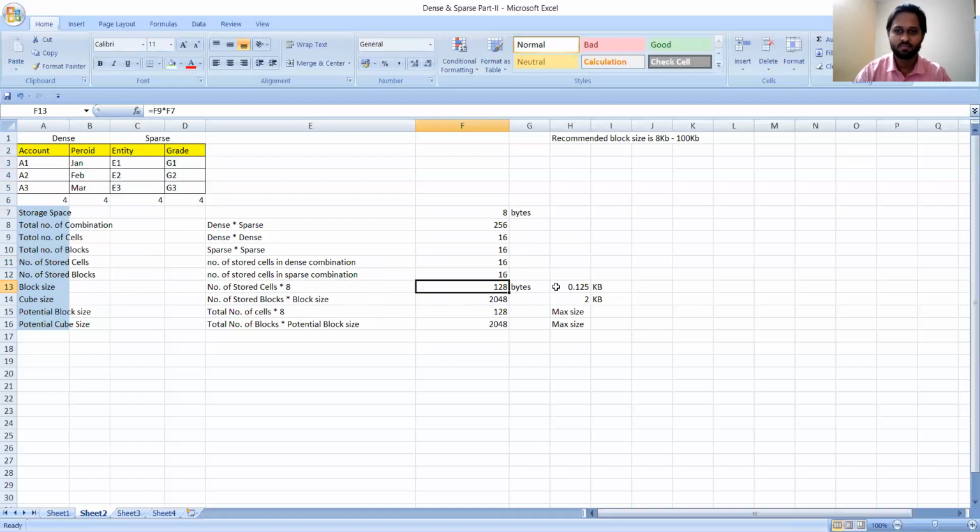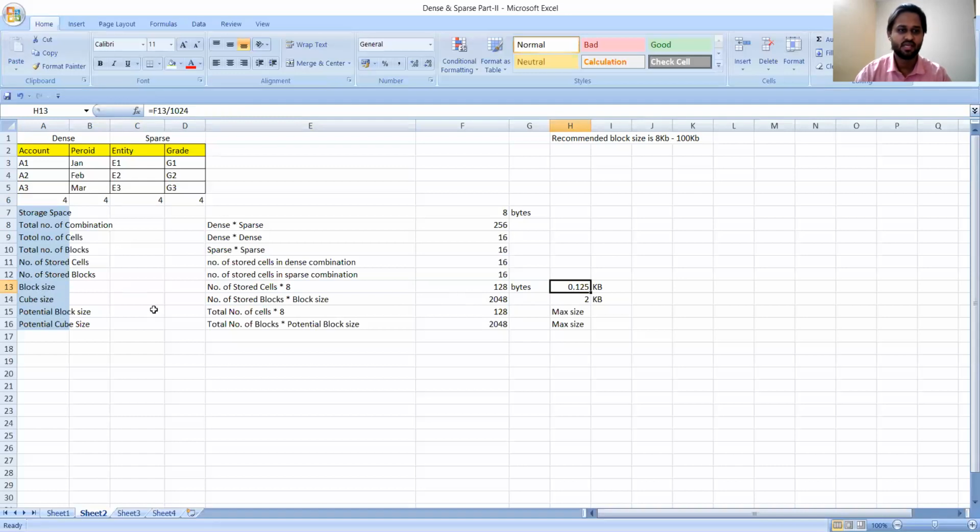If we want to convert that into kilobytes, we do it as 128 divided by 1024, which is the default KB value. Then we get the total size in kilobytes.